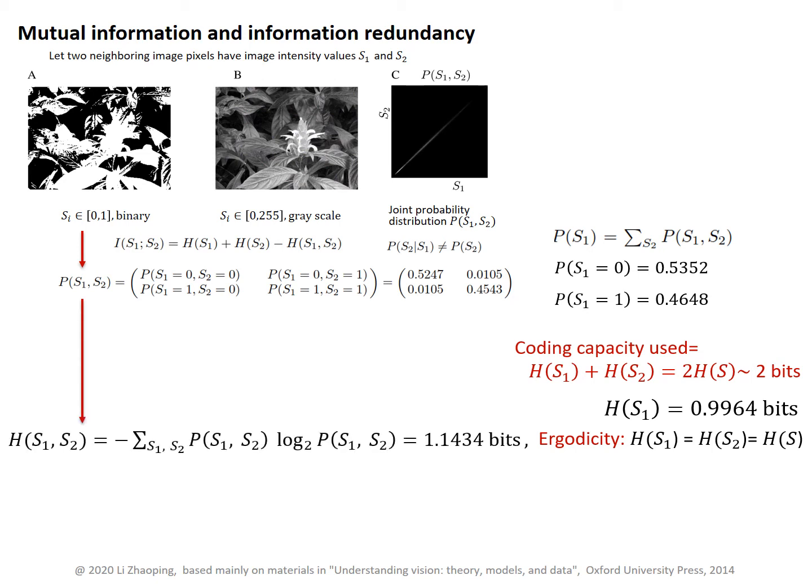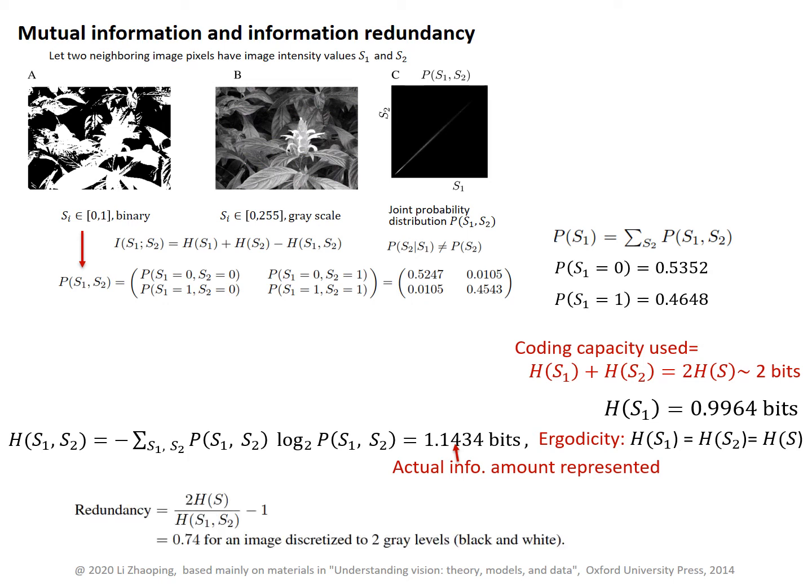We can then also calculate the joint entropy from the joint probability distribution, and this gives us 1.1434 bits. This is the actual amount of information represented in the two pixels, even though we used almost 2 bits to code the information. So therefore, the raw input representation is inefficient or redundant, and this is the redundancy.